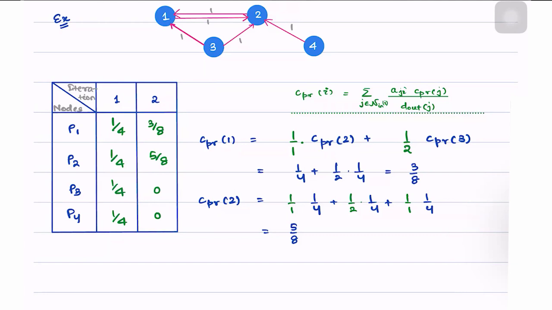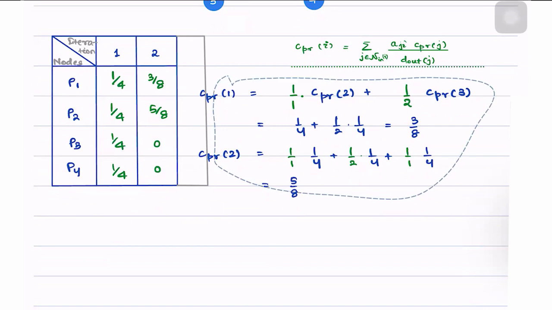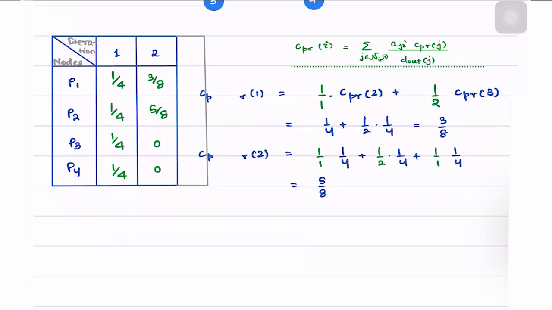If we use this model, in the third iteration, the entire centrality of node number 1 gets transferred. So let's write it here, iteration 3. We have CPR here. Okay.